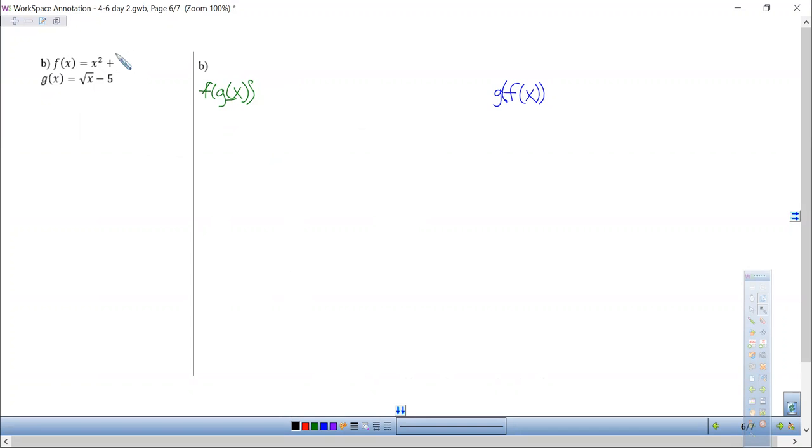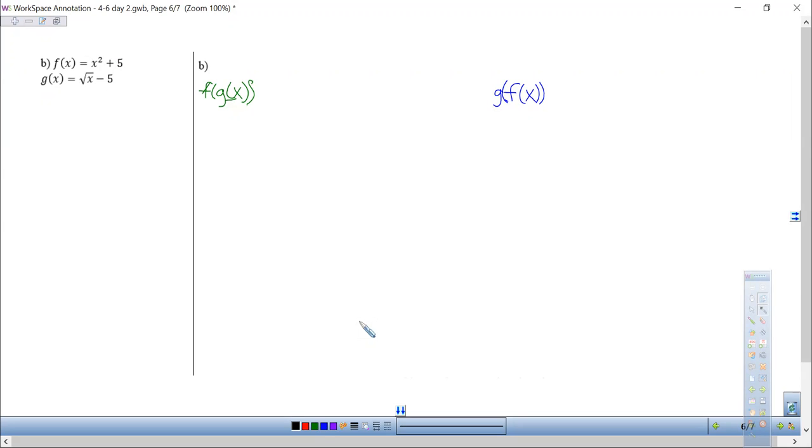So if we think about inverses again, inverse operations need to appear in each of them. So this one has something squared and then adding 5. This one has a square root and subtracting 5. So those operations individually are opposites of one another. So we have to check to make sure that they undo each other, that we end up with just x.